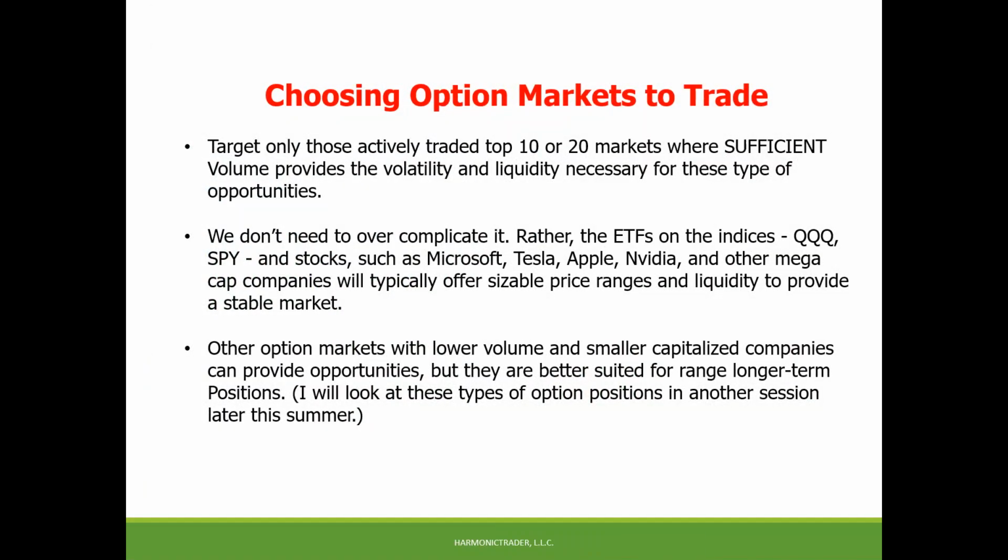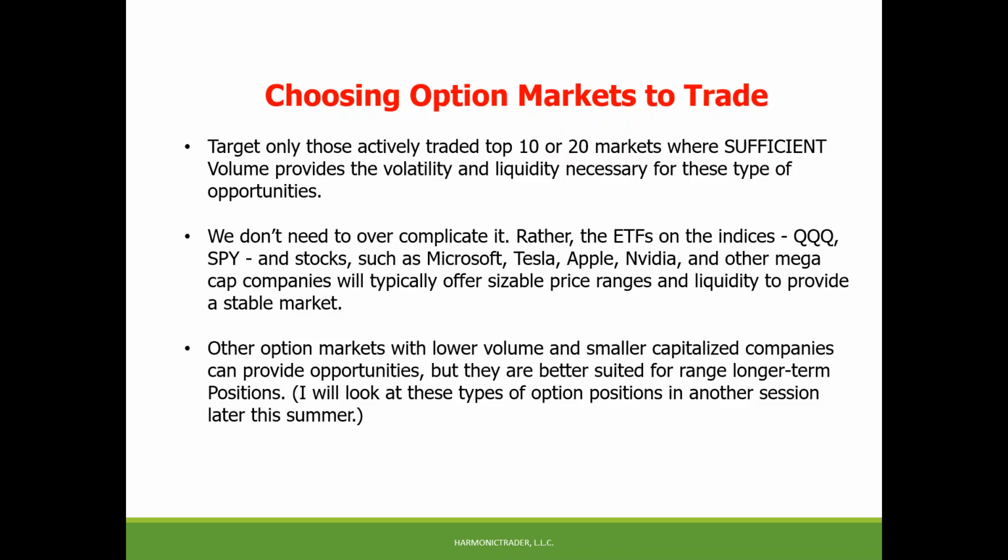So let's talk about how to choose the option markets to trade. What markets, what strikes? For now, for this presentation, what we're really talking about are trading options on those top 20 markets, the Apples, the Microsofts, the Teslas. You guys don't have to force it. The top 20 largest volume positions that have sufficient volumes in the strikes.